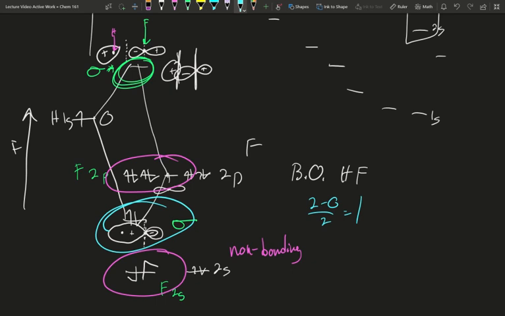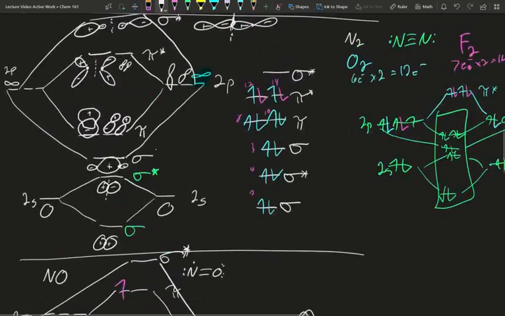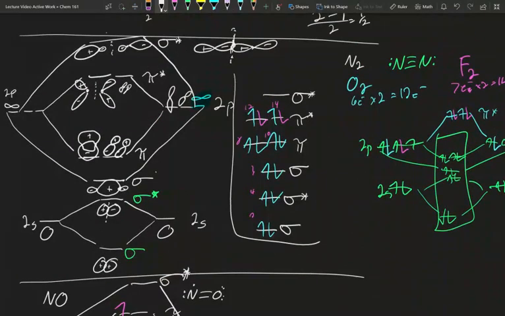So HF is an example where wildly different sets of orbitals interact. And the more divergent you get in energy, the less it's going to look like the standard filling pattern. But as a general rule, if you are elements in the upper right of the periodic table, you're going to follow our standard filling pattern. Sigma, sigma star for the s's, sigma, pi, pi star, sigma star for the p's.